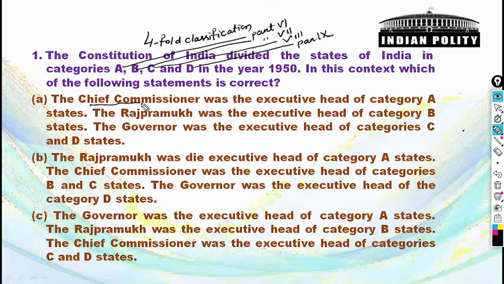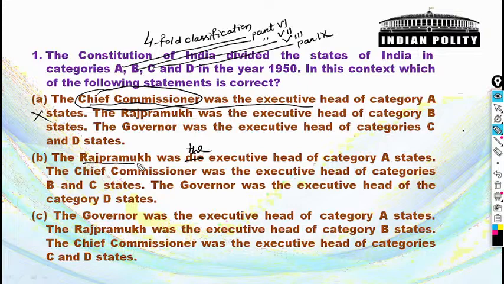The Chief Commissioner was the executive head of the category A states? No, the Chief Commissioner was the head of the commissionerate provinces, part C states, not part A states, so this option is incorrect. Rajpramukh was the executive head of the category A states?